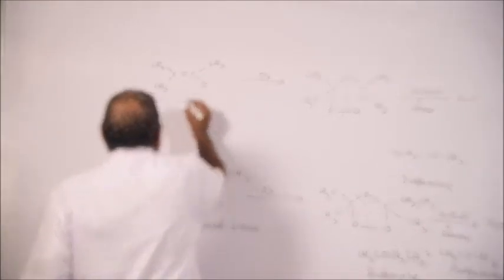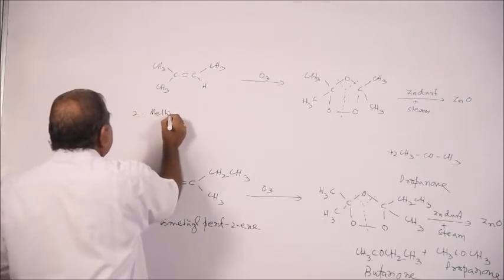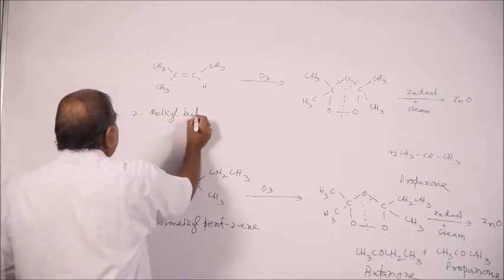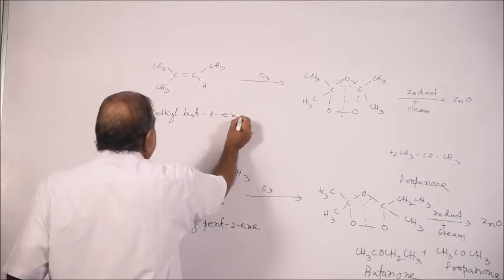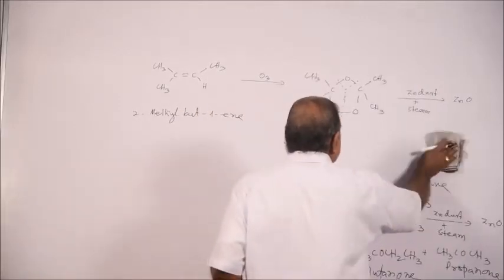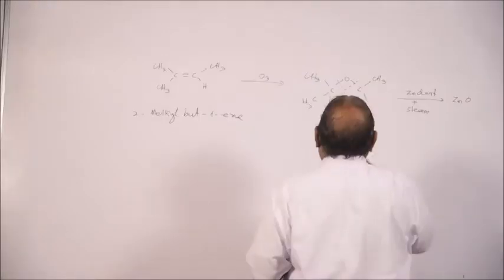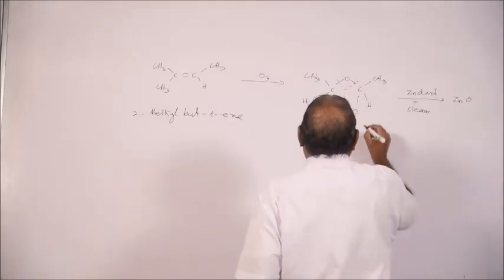If you take this compound, this is your 2-methylbut-1-ene. Now, if it is subjected to ozonolysis, ozone is added across the double bond.